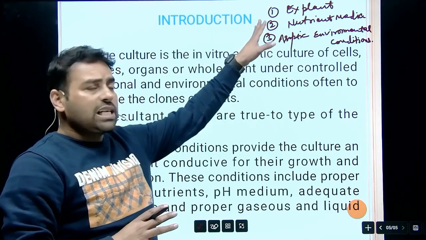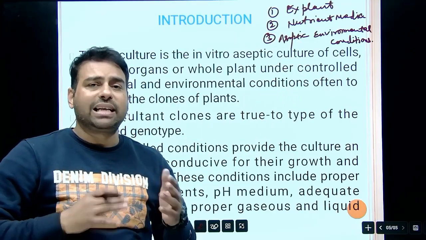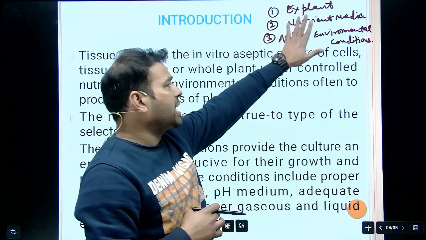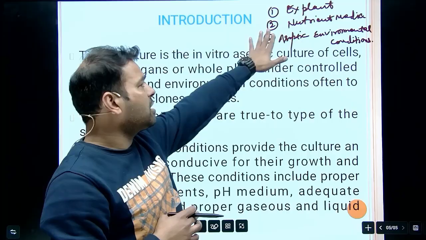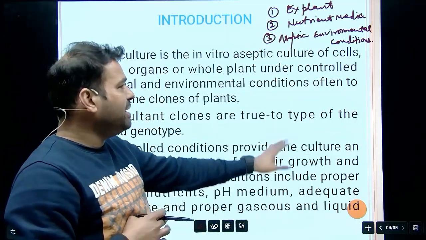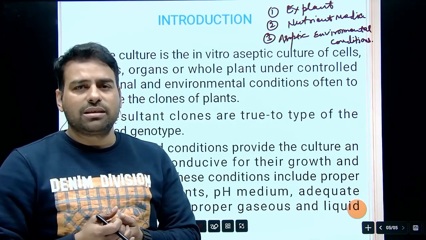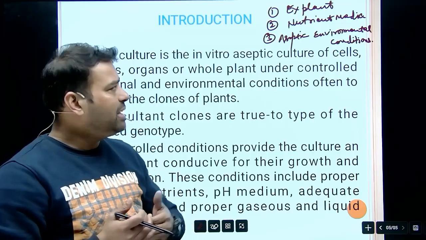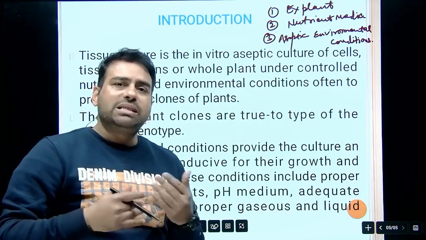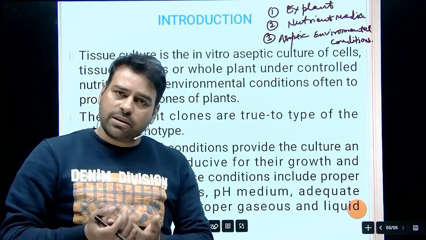So first is explant, that is the plant part we are using to multiply. Okay, so this is called explant. This is the important part of our micropropagation experiment. Second is nutritional media. Nutritional medium is out of the soil. We are providing some natural, some artificial environment where we are providing nutrients, antibiotics, vitamins, some gelling agent, some hormones, and carbon source.